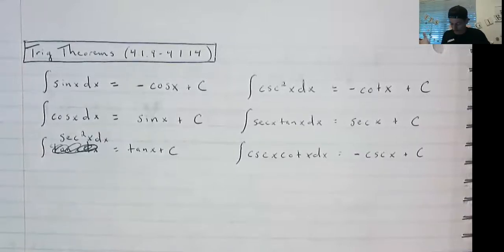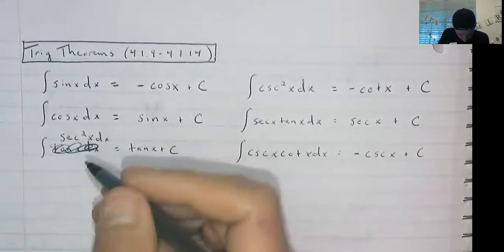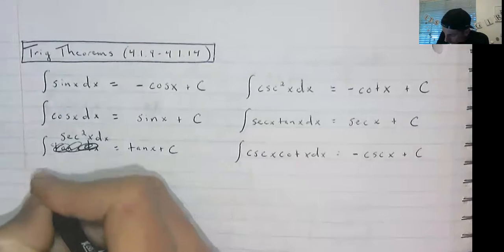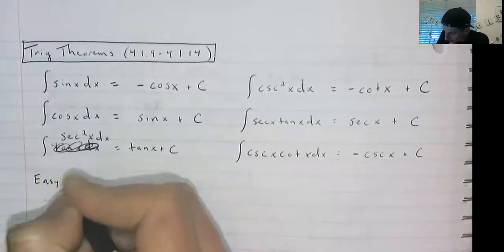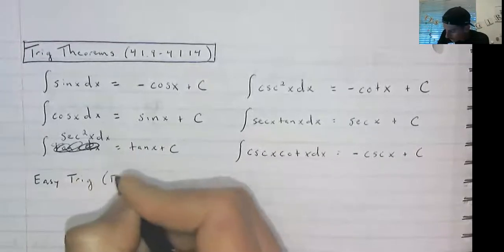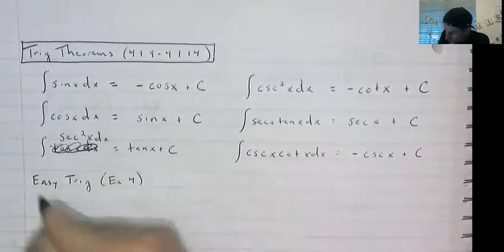None of them are psycho, they're all pretty straightforward. It's nothing like the double angle theorem or anything like that, just some trig identities. We're going to start out with an easy trig, and this is example 4.